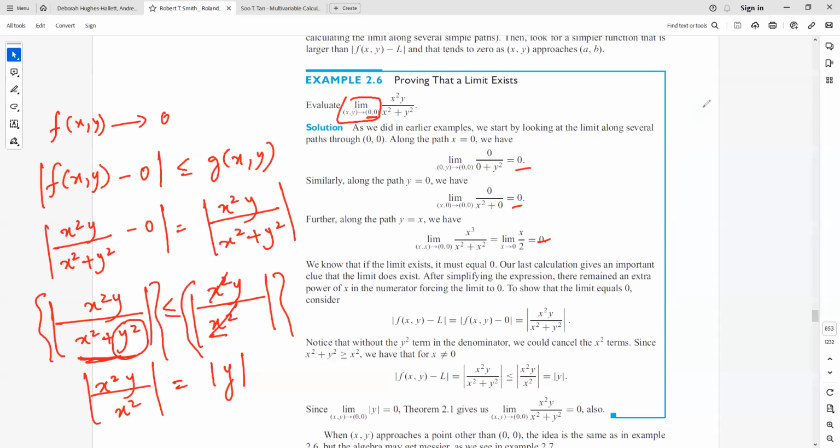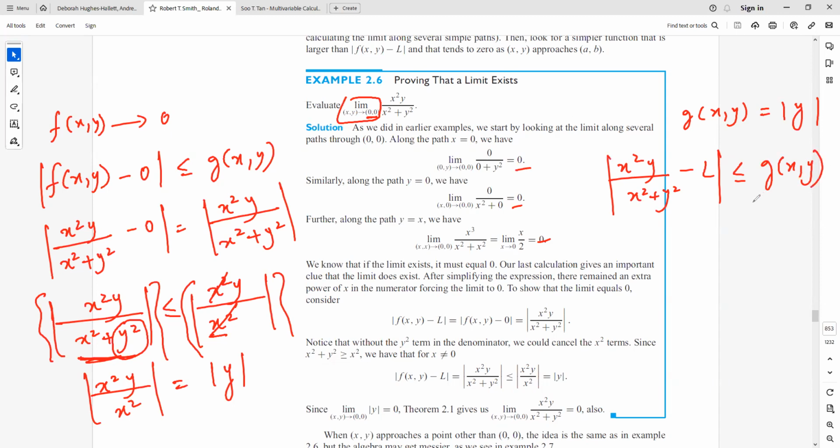So that is the function we were looking for to show that the limit exists: the given function is less than or equal to this g of x comma y. And we show that this converges to 0, because this is mod of y, and if we apply the limit 0 comma 0, we will get 0, right?